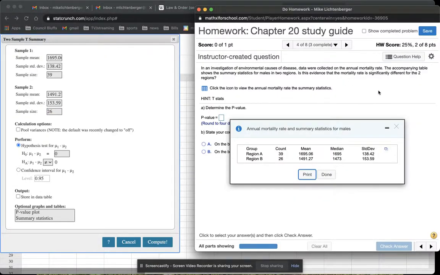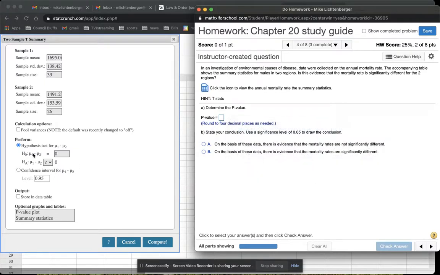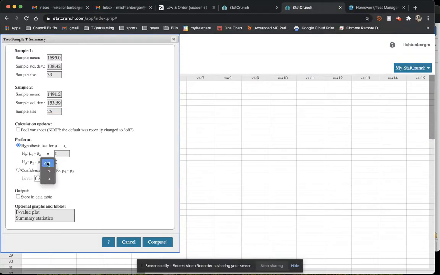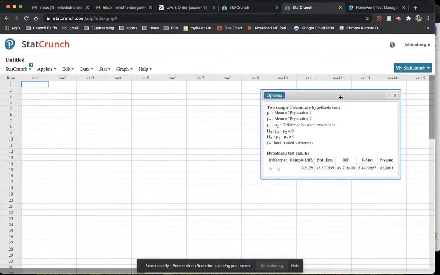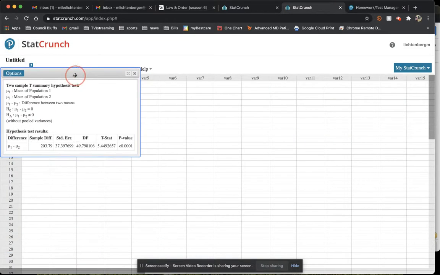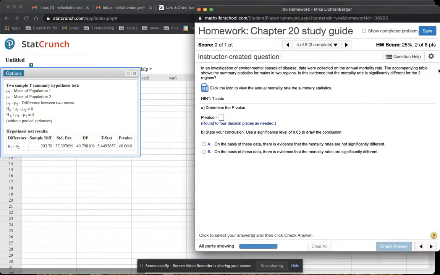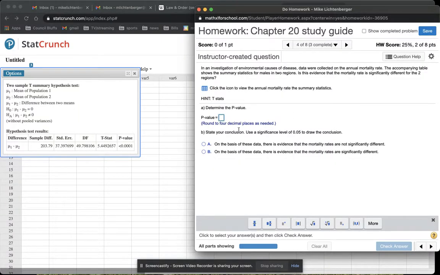Is this evidence that the mortality rate is significantly different for the 2 regions? Okay, so that does not imply less than or greater than. So once again, we're going to leave it at not equal to. And once again, we get a p-value of less than 0.0001. So remember, for my p-value, I'm going to type in 0.0000.